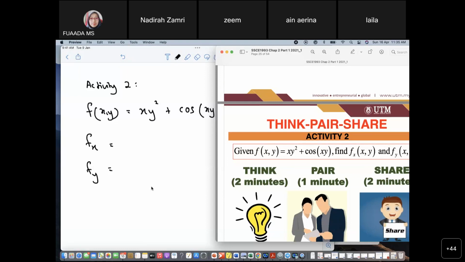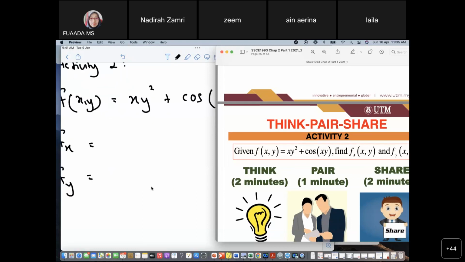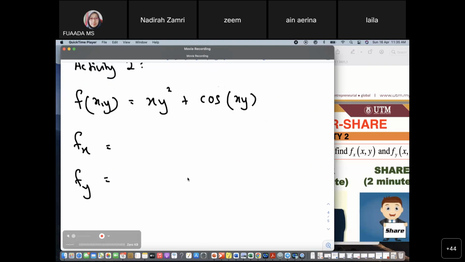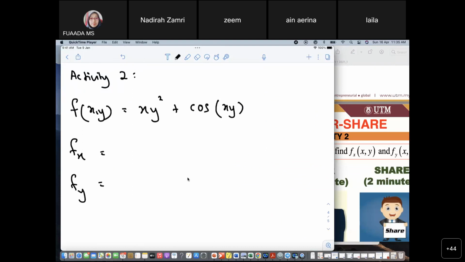Tak ada? Okay, tak apalah. Nak tunggu semua, takut tak terkejar pula exam punya. Okay, kita buat sama-sama lah.